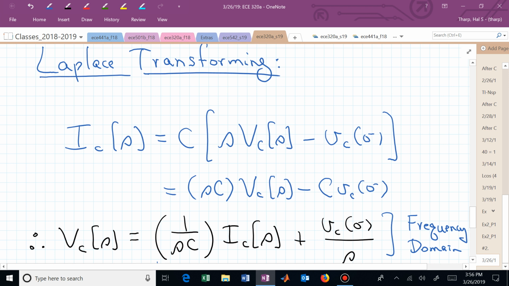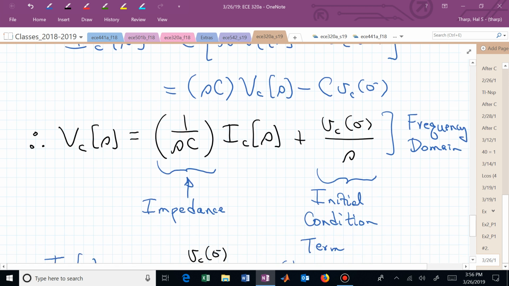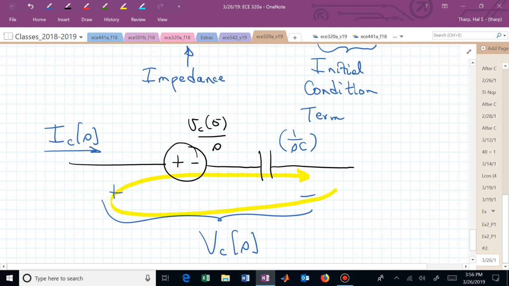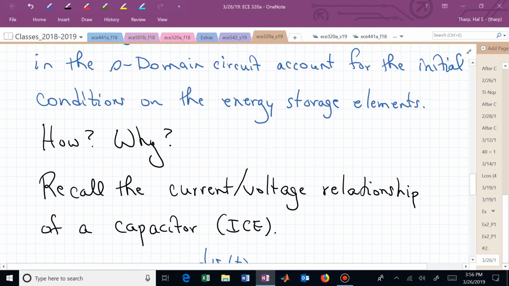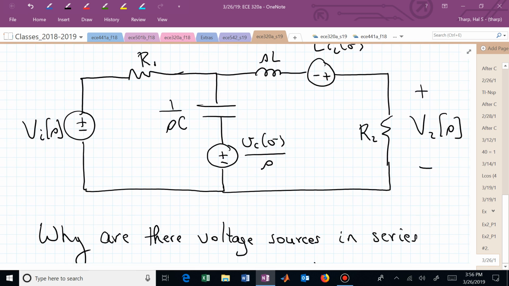For now, let's just focus on the series equivalent S-domain circuit, and that's what we've sketched. And this should be consistent with what we did here.